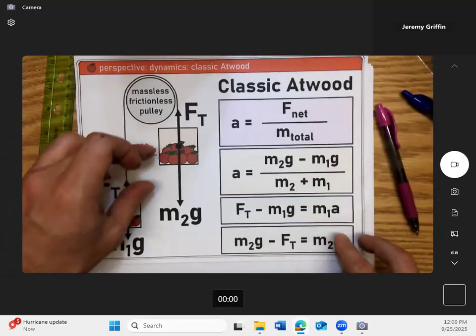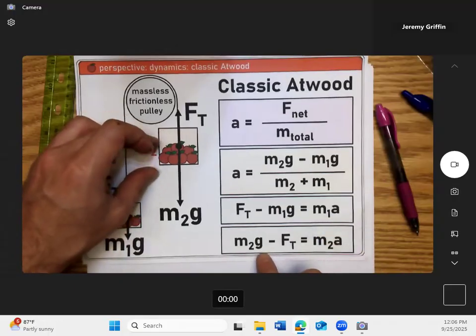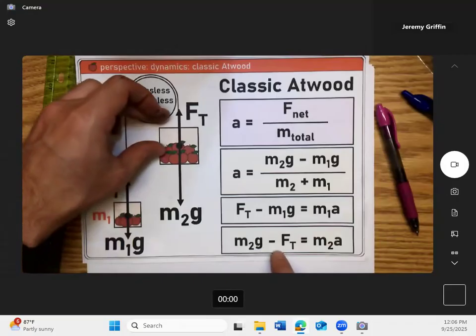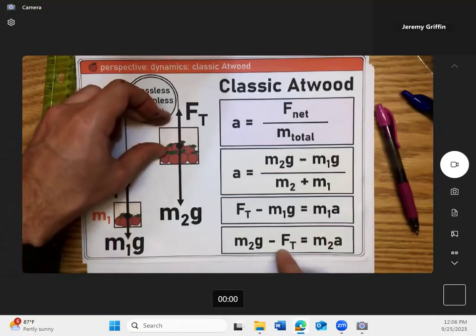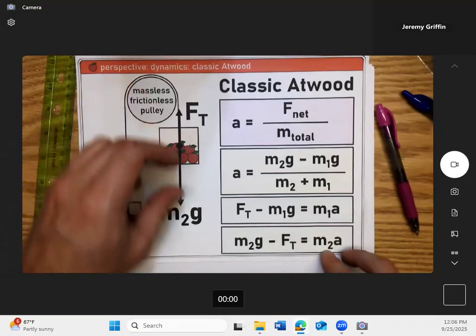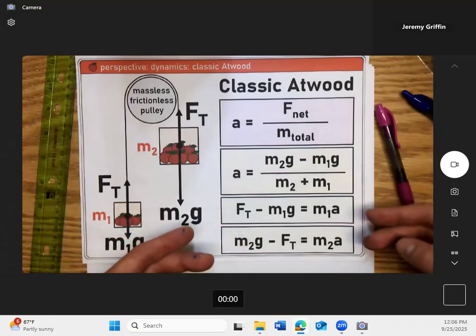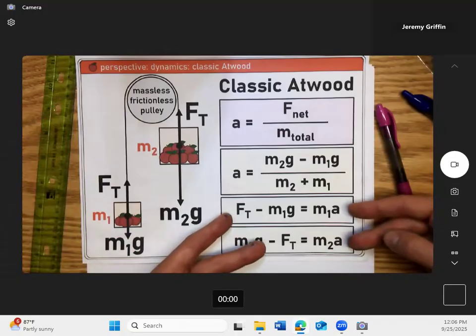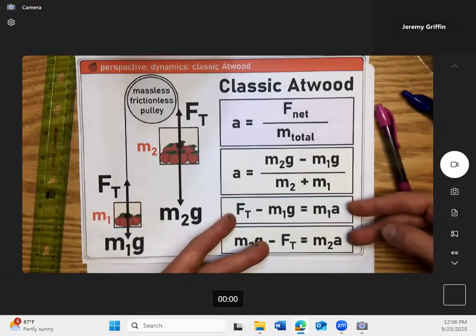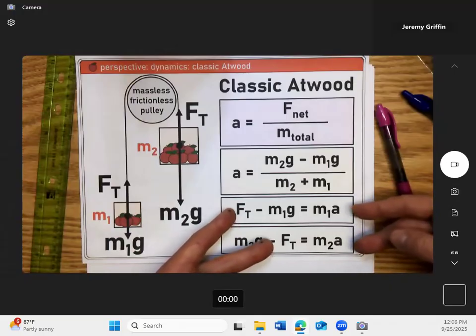Then separately, there's an equation for block 2. It's got its weight pulling down and the tension force pulling the other way, and that results in mass 2 accelerating. Now you could set up a system of equations, and there'd be two equations with two unknowns. You wouldn't know right away the acceleration of the system or the tension in the string. Guys, can you solve two equations, two unknowns? You could do that, and a lot of teachers, a lot of textbooks prefer to do it that way.